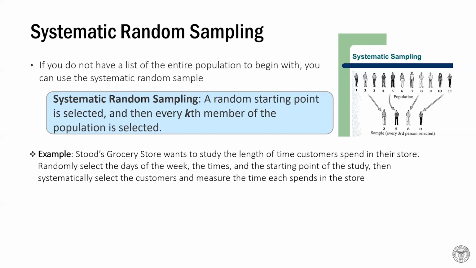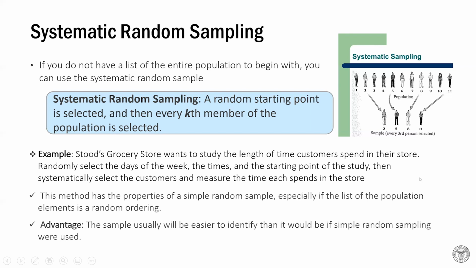One simple example of systematic random sampling is to select every 100th listing in a telephone book after the first randomly selected listing. Using systematic random sampling for Stuart's grocery market, we decide to select 100 customers over 4 days, Monday through Thursday.